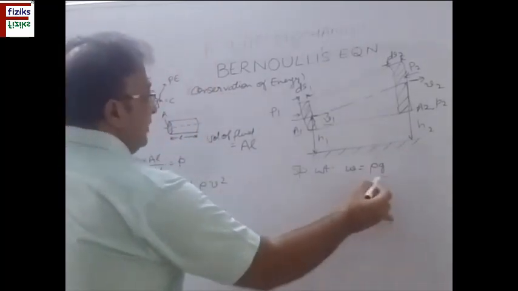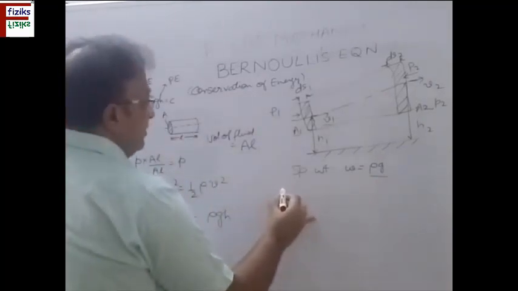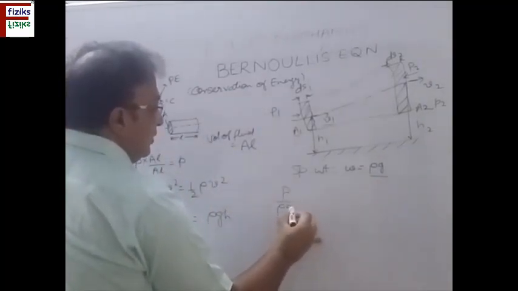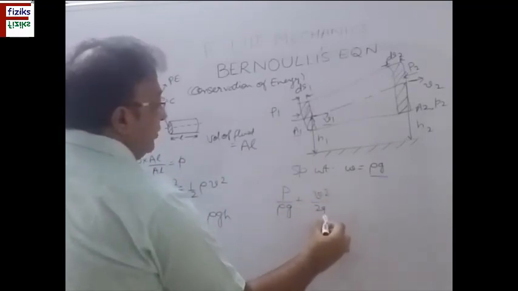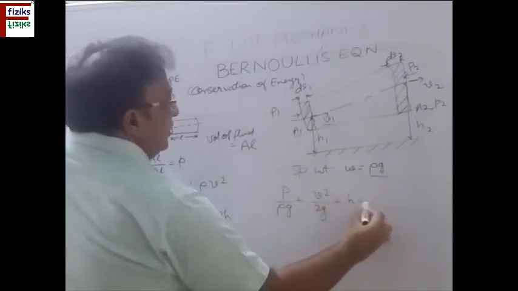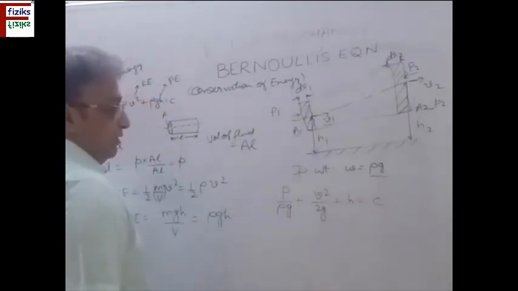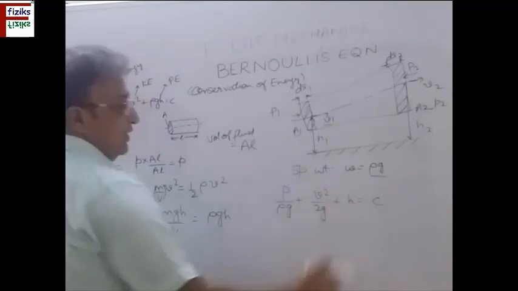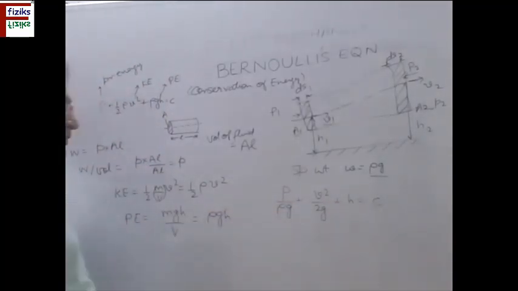So if I divide this equation by rho into g, the equation becomes P by rho g plus V square by 2g plus h equal to constant. Now this seems more reasonable, as all these three terms have the same unit, meter.